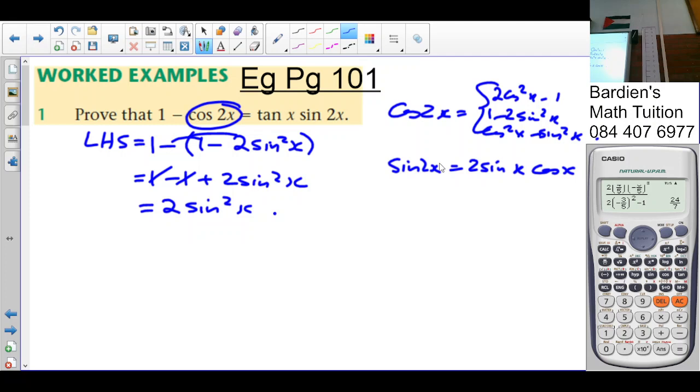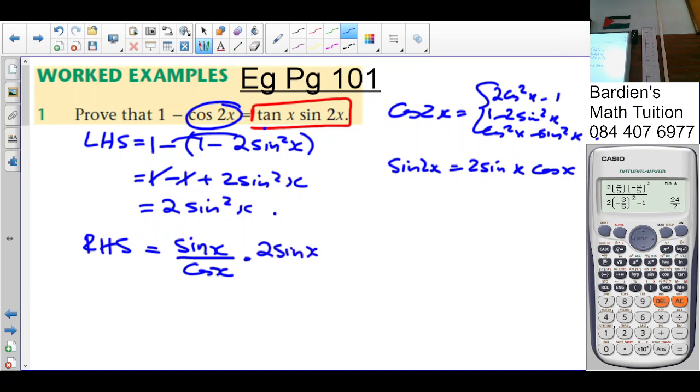Now let's look at the right hand side of the equal sign. What can happen here? Tan can change. Tan can be written as sin x over cos x times sin 2x, which is 2 sin x cos x.